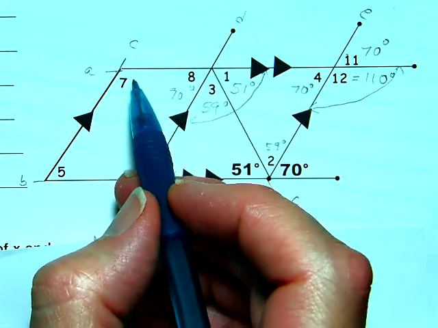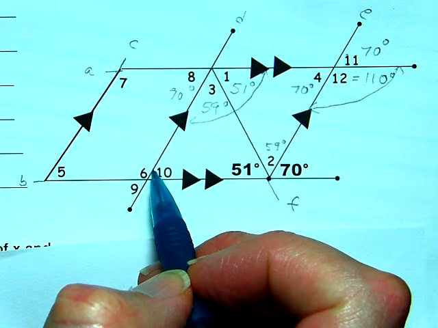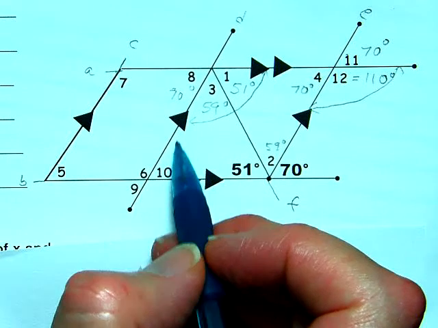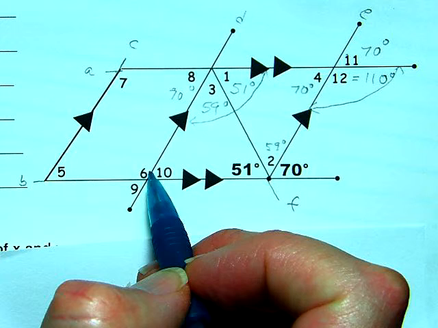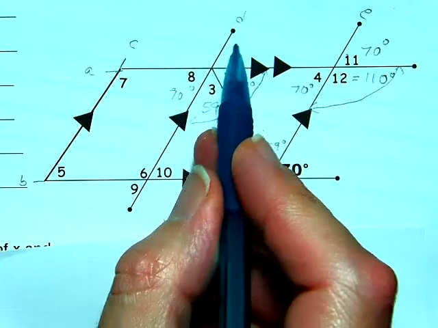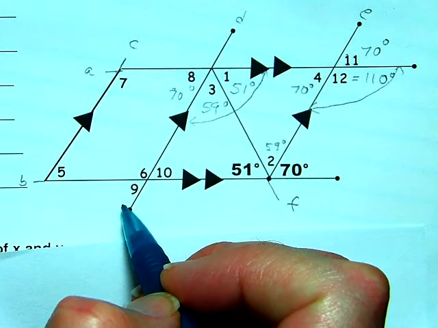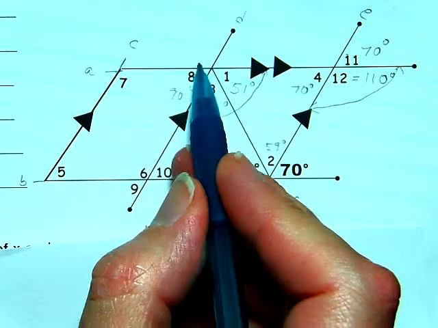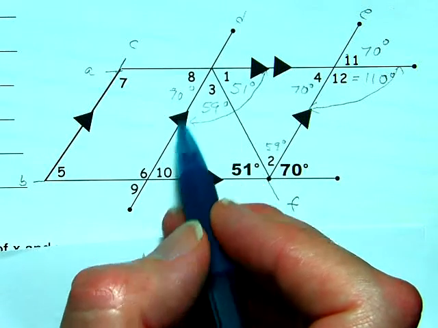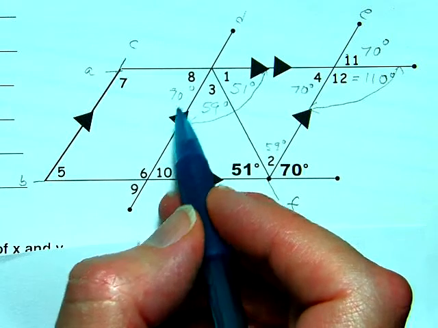It gives us angle 7 and it gives us angle 6. How does it do that? Well, angle 8 and 6, these two angles, are same side interior angles. Because if the transversal is D coming down, cutting parallel lines A and B, then 8 and 6 are both interior angles on the same side.